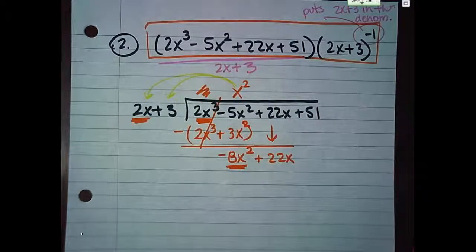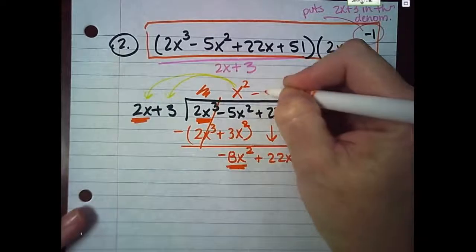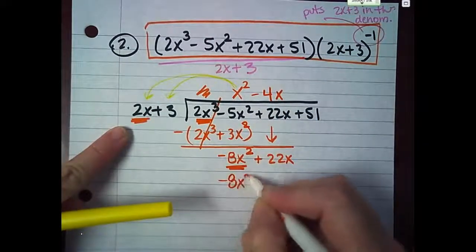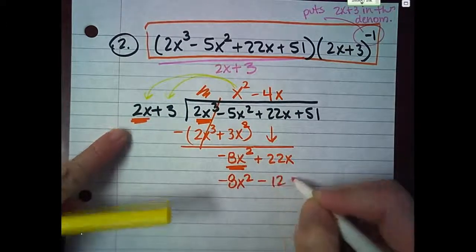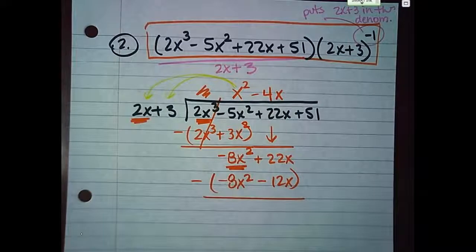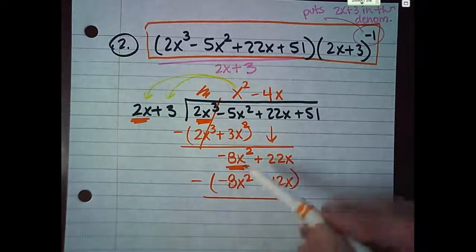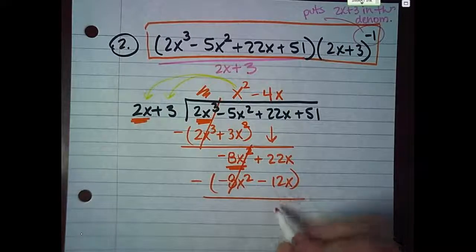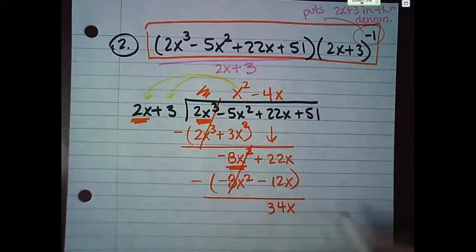They have to be exactly the same. 4x won't cancel. They need to be a negative 4. So negative 4x gives you negative 8x squared minus 12x. You're going to subtract them. Negative 8 plus 8 is what that turns into. So it goes away. Negative 22 plus 12 is positive 34x.